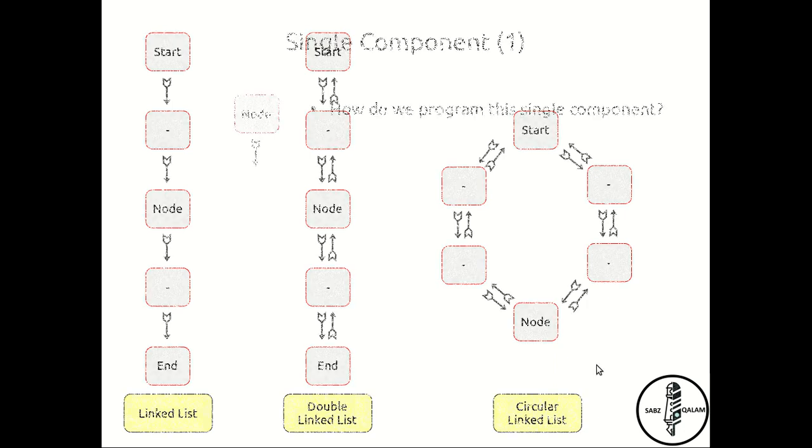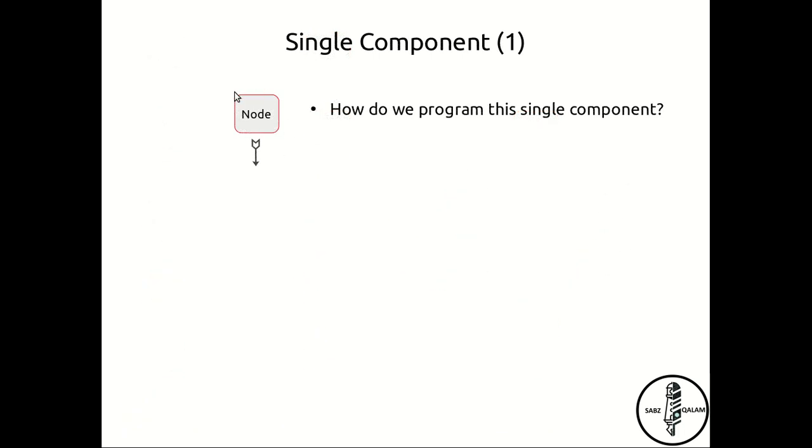Now, how do we program any single component? Any single component contains the node itself and something that can help you point to the next node. Let's make this a little more complicated. Let's say our node contains a name, marks, and CGPA.